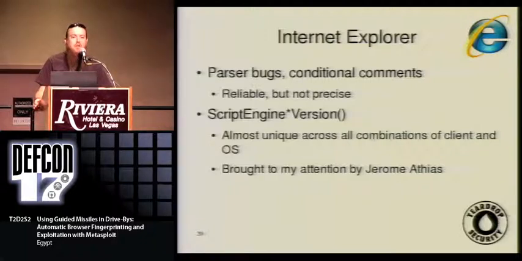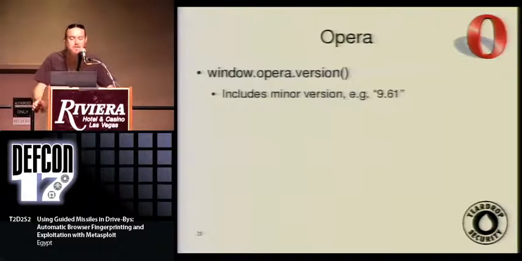So if we have the output of these three functions, we can reliably and accurately determine not only the browser, but the browser version, the operating system it's running on, the flavor of operating system, so XP or 2000 or whatever, as well as the service pack level of the operating system. Opera gives us a nice little win here: it's got a function called opera.version. Hey, that's all I need.